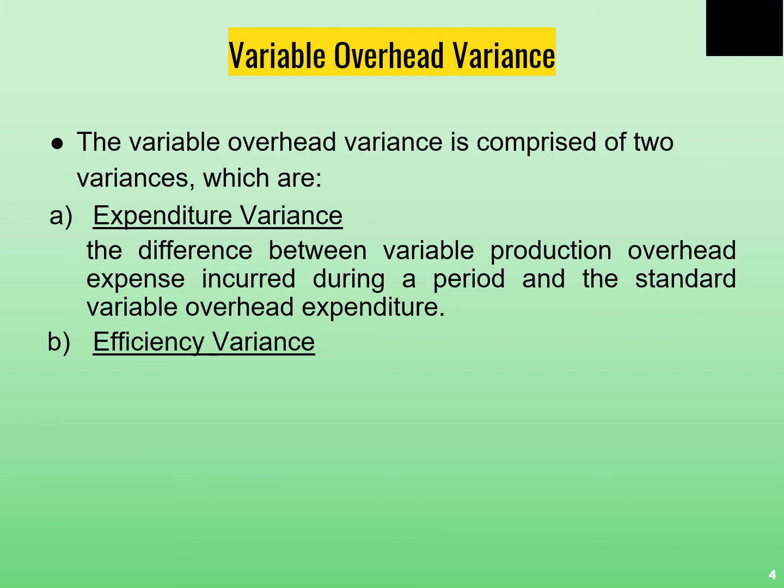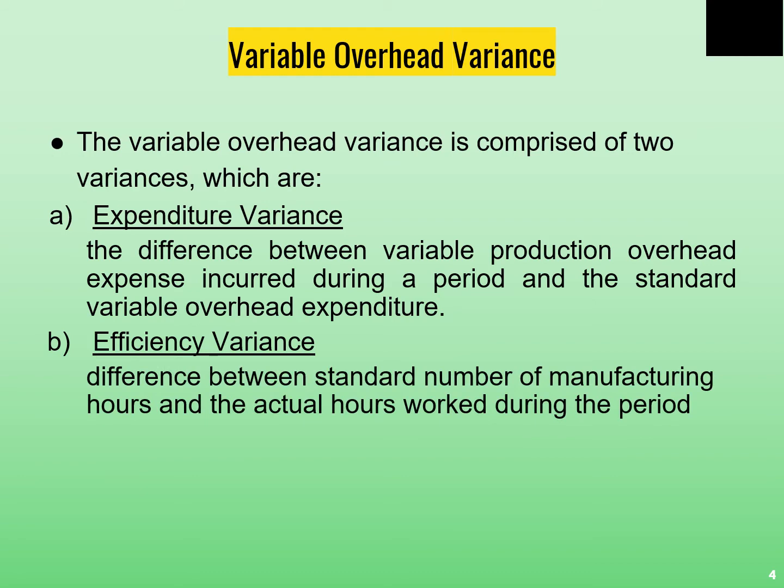For expenditure variance, the difference between variable production overhead expense incurred during a period and the standard variable overhead expenditure. Efficiency variance, difference between standard number of manufacturing hours and the actual hours worked during the period.